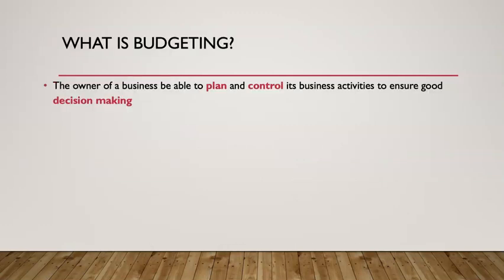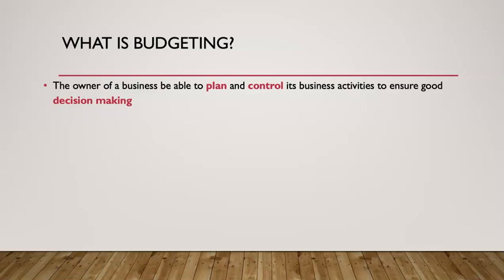So what is budgeting? We do budgeting to allow the owner of a business to be able to do 3 things: plan, control, and make good decisions. So budgeting allows the owner of the business to be able to plan and control its business activities to ensure good decision making.